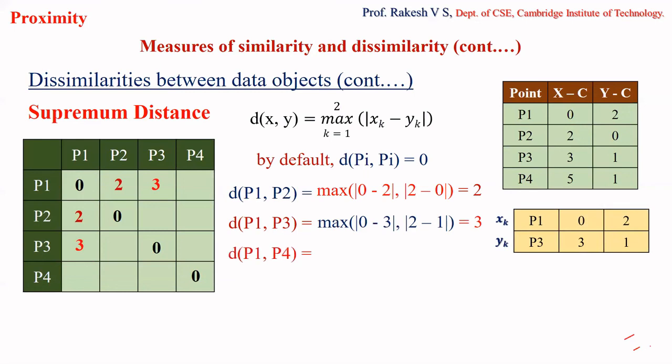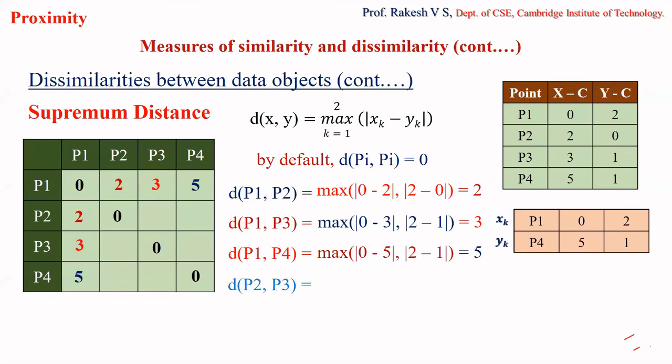And then now I'll consider P1 and P4. So the x values are 0, 2, y values are 5, 1. The maximum of 0 minus 5 comma 2 minus 1. So between 5 and 1, the maximum is 5. So I've considered it as 5. I'll tabulate the value here. Next I'm going to consider between P2 and P3.